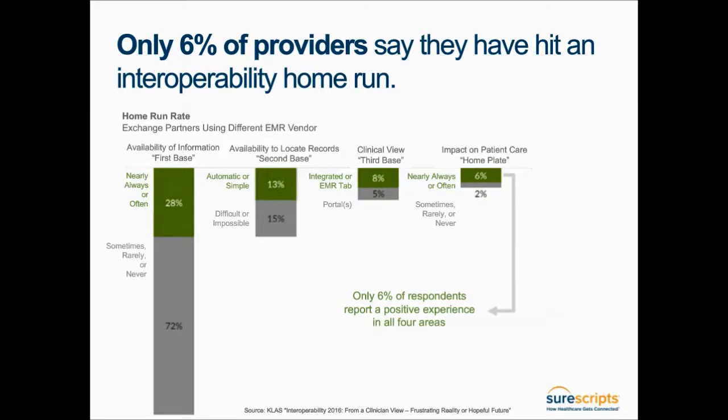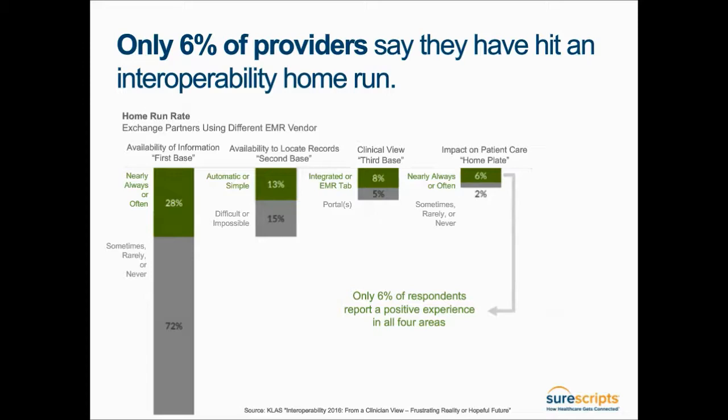Now, while we clearly understand what the objectives are for interoperability, we find that there's a lot of improvement that we can make as an industry at this point. There is certainly some availability of information in the industry. There is certainly an understanding that there is some access to that information, and even some instance of being able to present data within a clinical view.